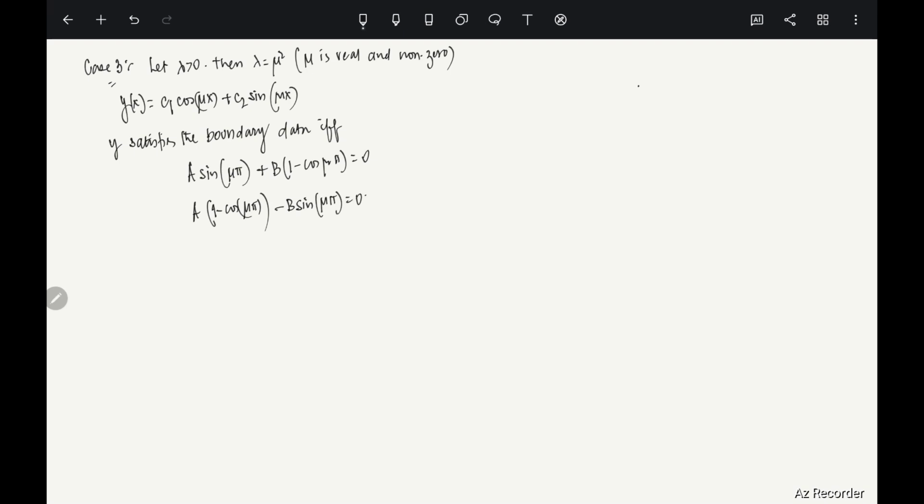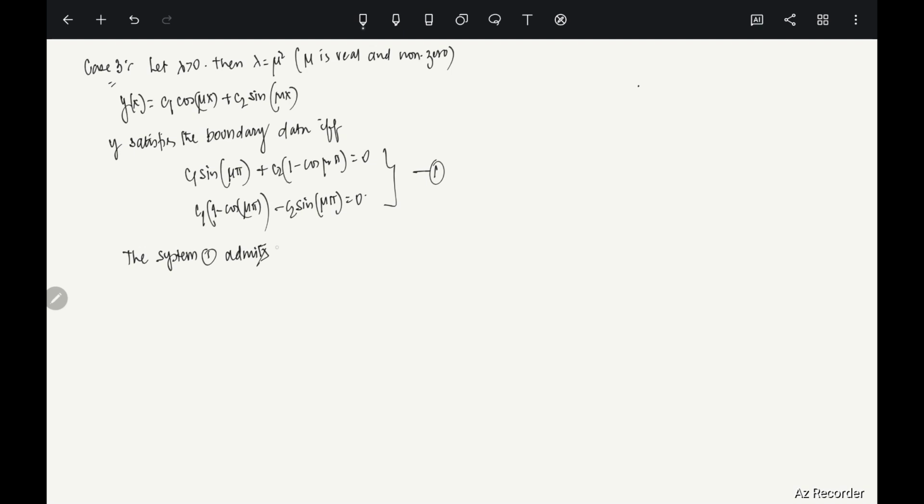Now this system, let's call this system 1. Now the system 1 admits a non-trivial solution. I want it to admit a non-trivial solution, otherwise there are no non-trivial solutions basically. Okay, sorry, what am I writing? This is C1, C2, C2, C1. Yeah?